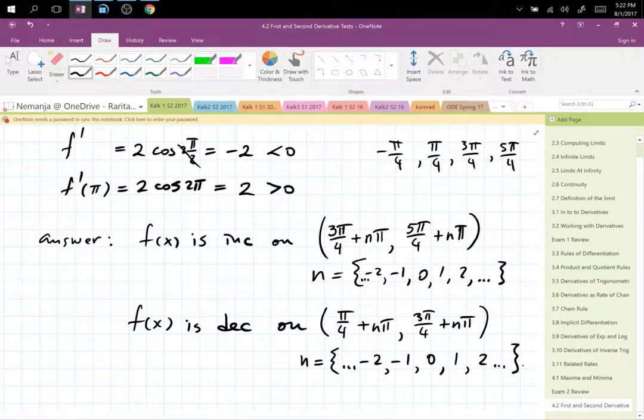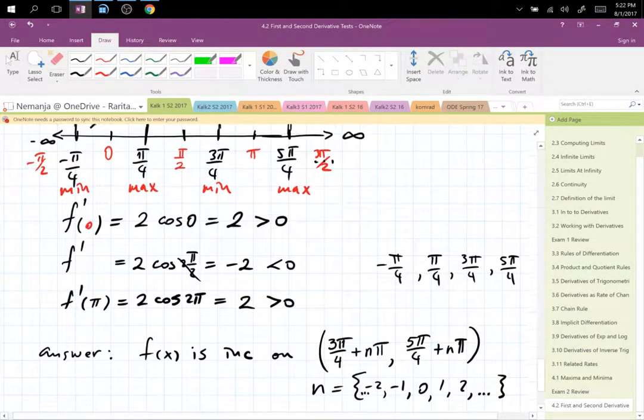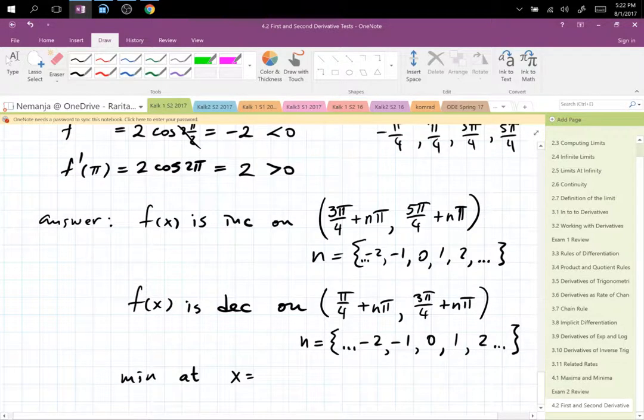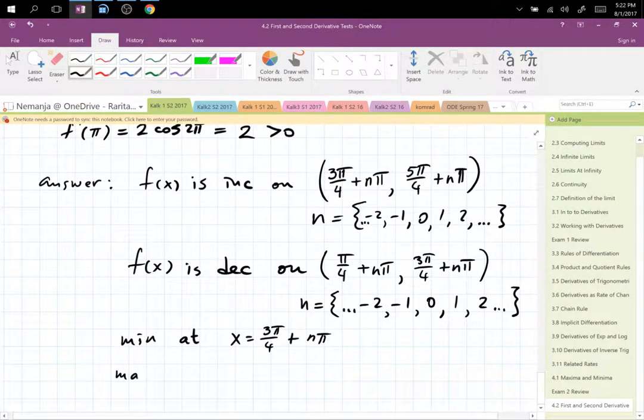Now, extreme values. The minimum is at x equals 3 pi over 4 plus n pi, same n, and then the max at x equals pi over 4 plus n pi, so n is the same n.